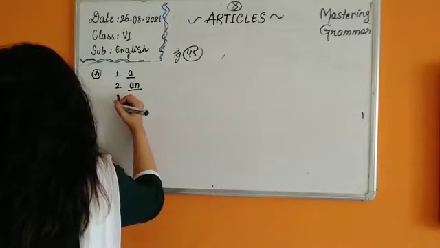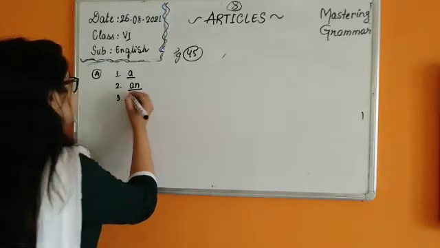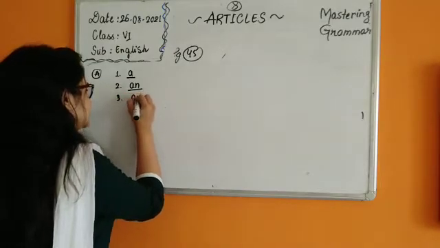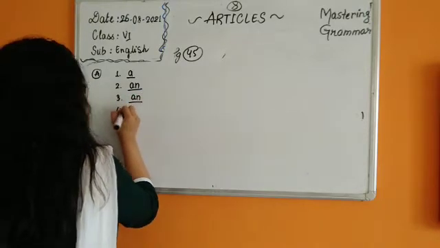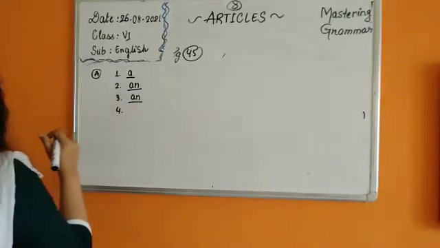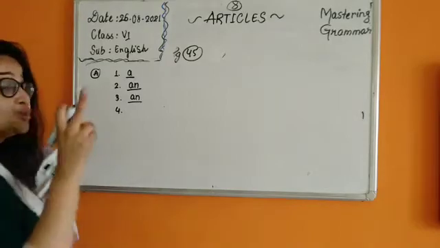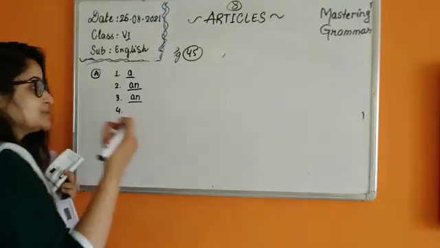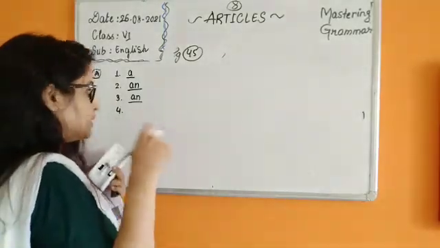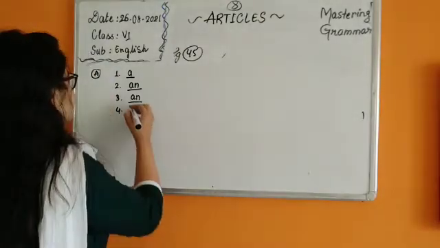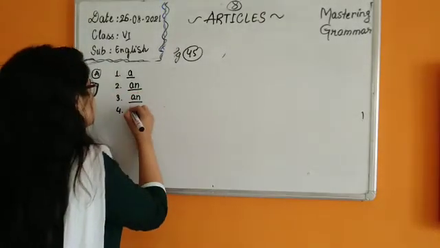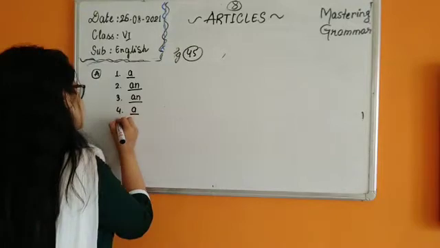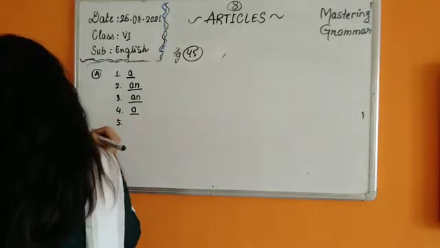He considered himself dash alien. 'A' sound. An alien. Number 4. She wants to study dash university, children. Although the spelling is starting with U, we are going to listen to the sound, 'yu'. So a university.